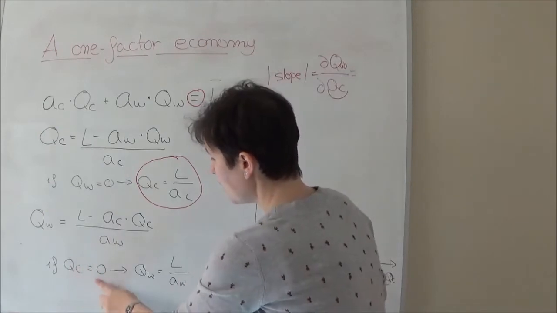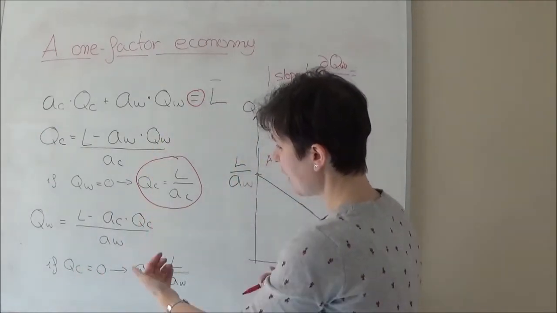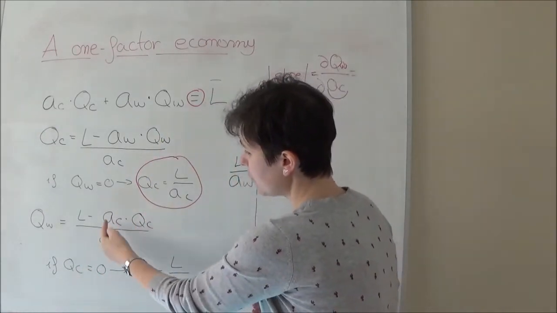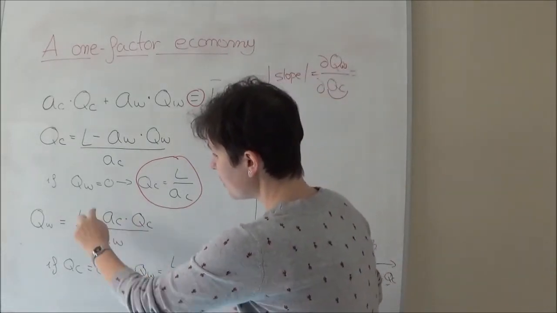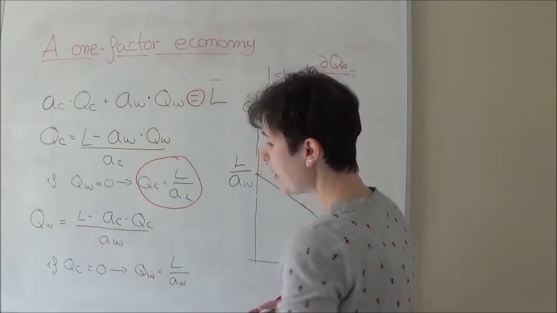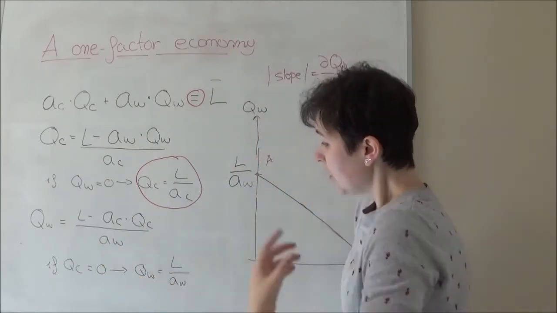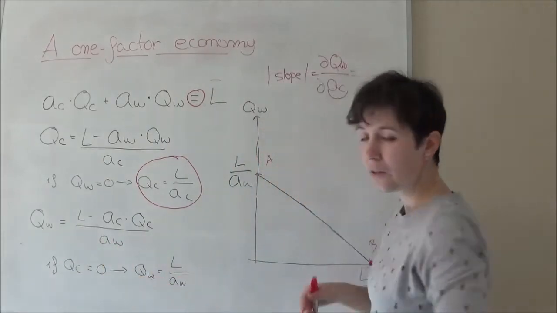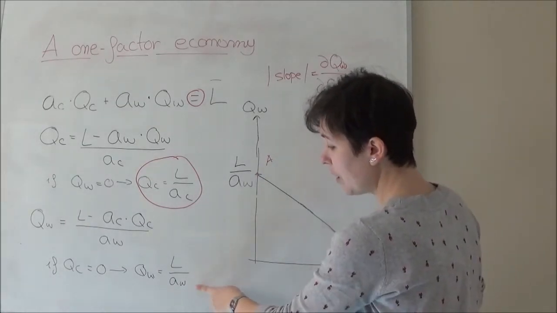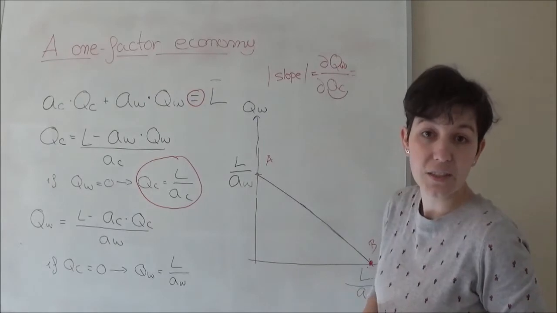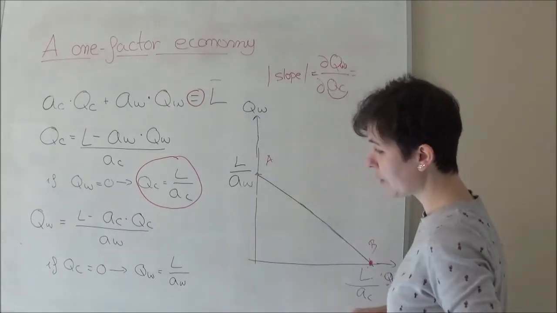So if this is 0, as in the previous case, 0 multiplied by any number is 0. So the final result is L over the unit labor requirement of wine. So the quantity of wine is going to be connected with the amount of labor that we have in the economy and the technology in that sector, the unit labor requirement of wine.